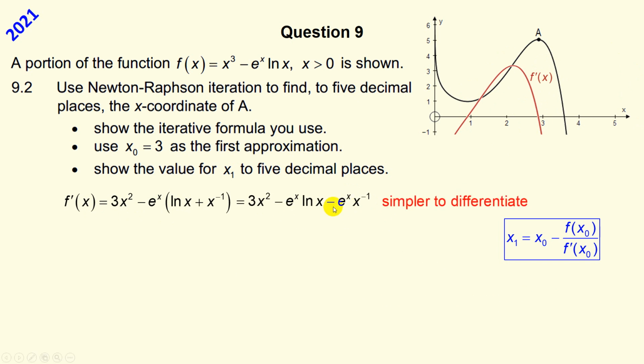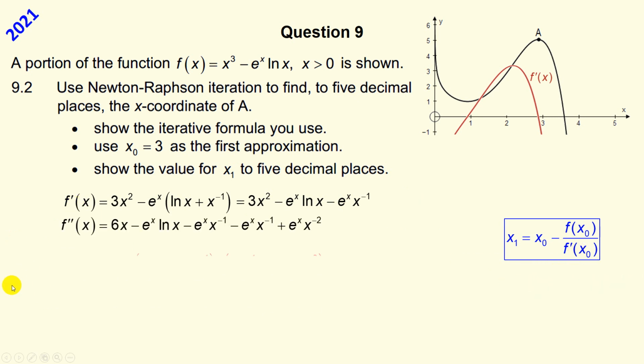There, differentiated. In fact, all I've done is multiplied it out because it's simpler to differentiate. Now I'm going to differentiate that in order to have it for the formula, and the derivative of f prime of x is f double prime of x. 6x minus e to the x ln x.